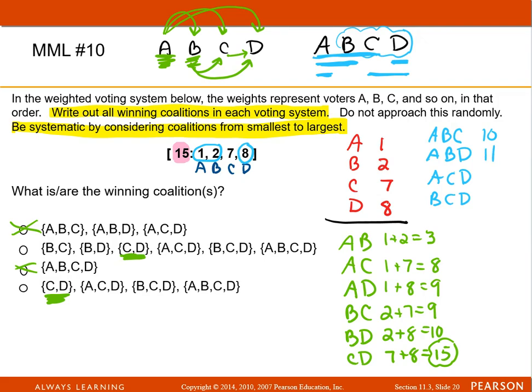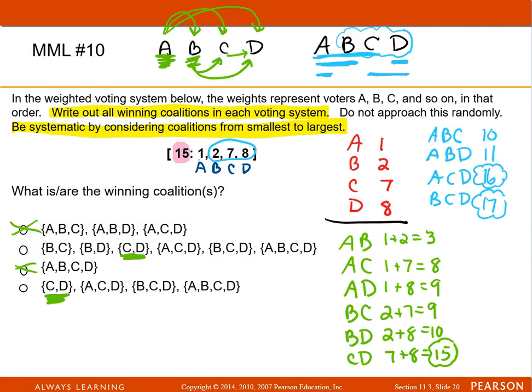That's not a winner. A, C, and D, here's A, and then C and D, that adds up to 16. There's a winning coalition. And B, C, D are these three, 2 and 7 and 8, and that adds up to 17, so that's a winning coalition.